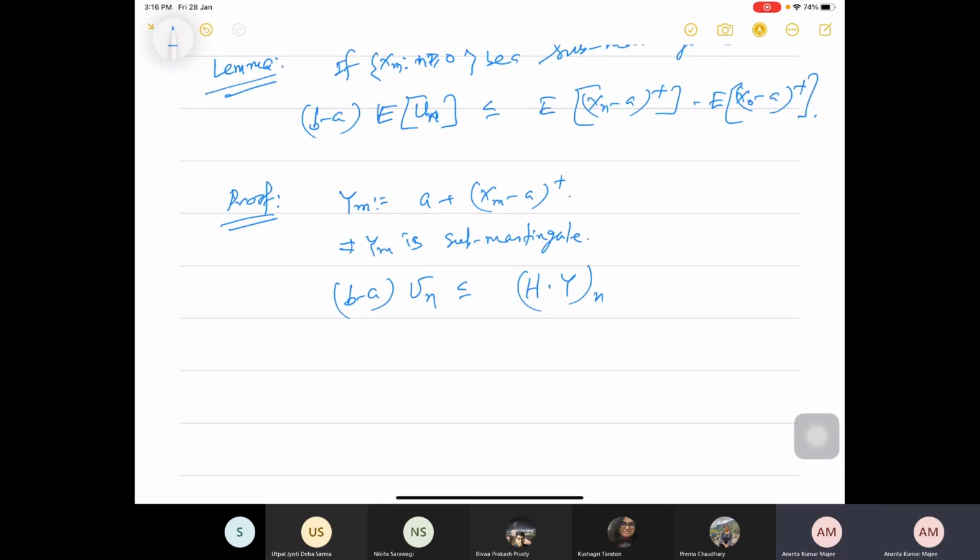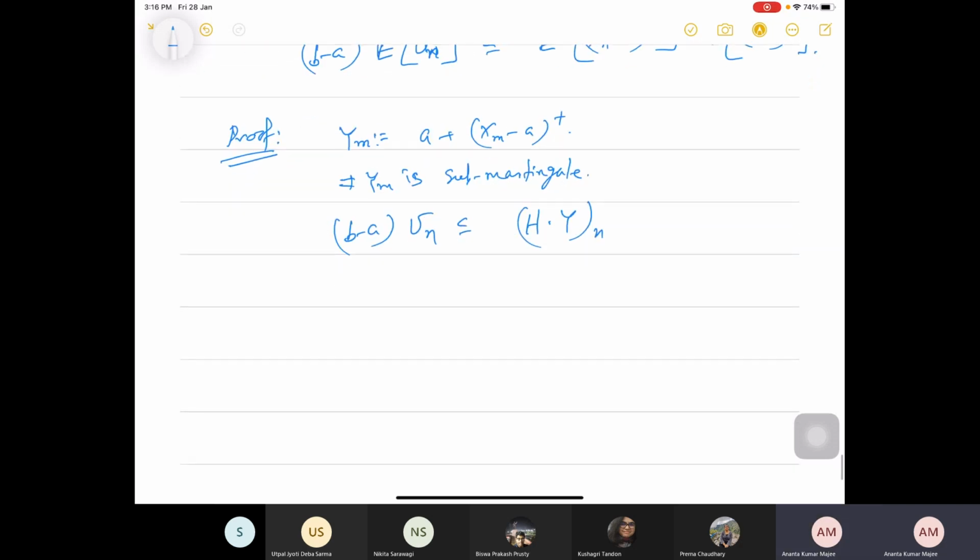Why does this last inequality hold? Because for each upcrossing we have a profit which is greater than or equal to b minus a, and if there exists some incomplete upcrossing, it makes a non-negative contribution to the right hand side. So I have this inequality.